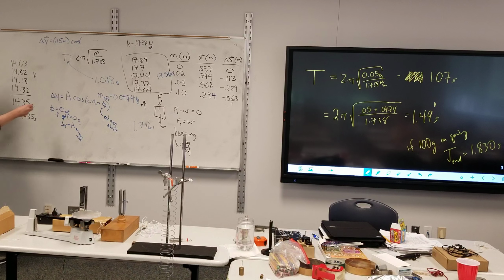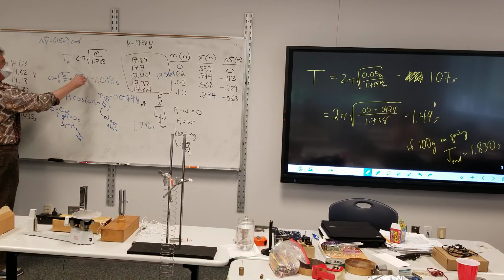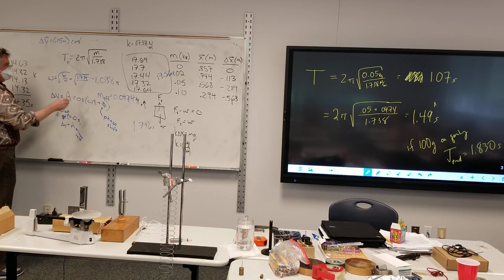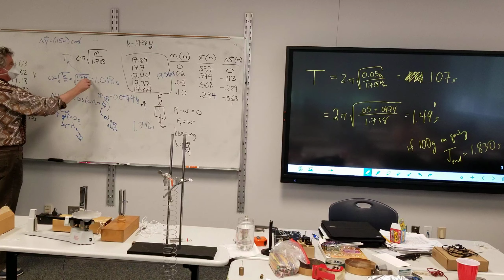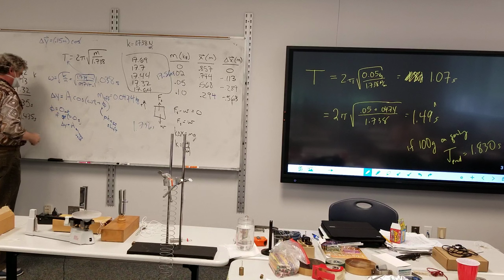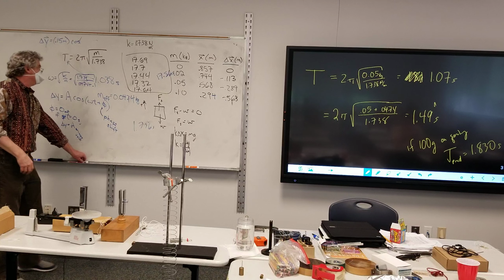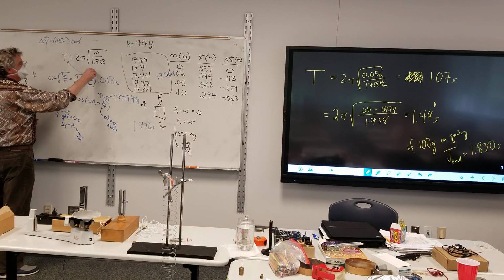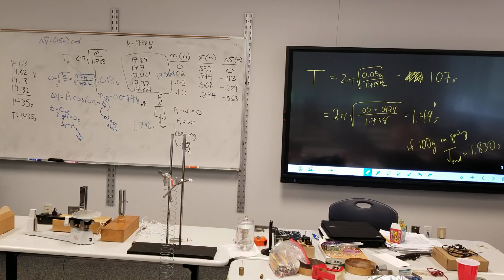Well, we have a formula for omega: omega is the square root of k over m, which is the square root of 1.738 divided by 0.0474 plus 0.1. And so what is the angular frequency?